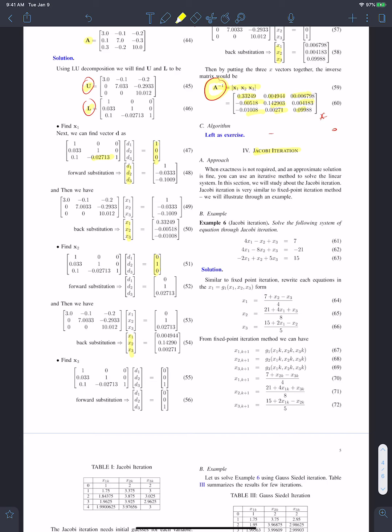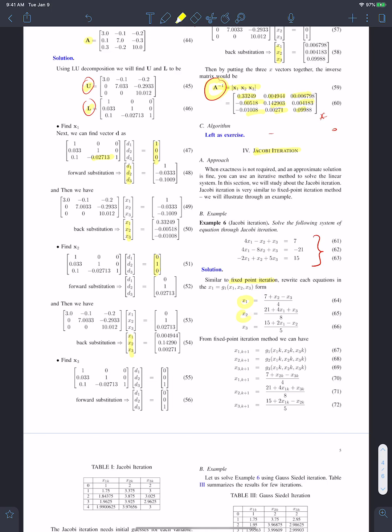So here is an example. It is in the form of linear equations, three equations, three unknowns. Jacobi iteration is very similar to fixed point iteration. First, from the first equation 61, you get x1. So x1 will be 7 plus x2 minus x3 over 4.